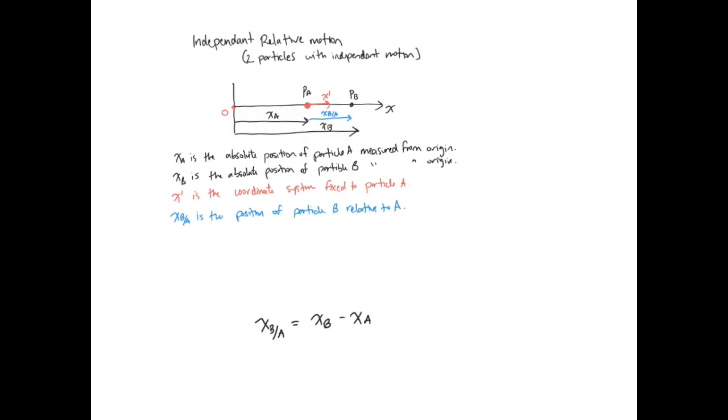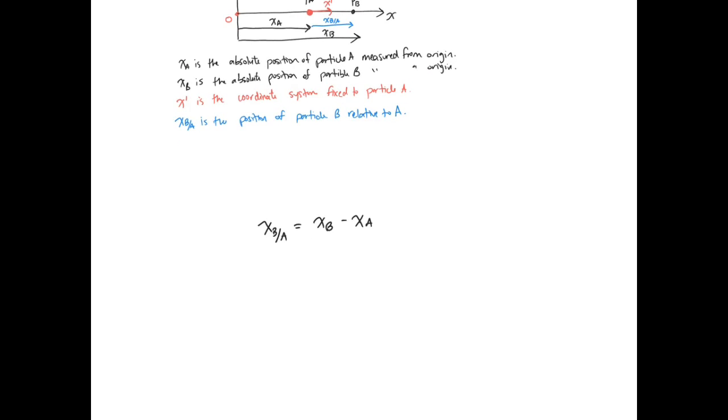You'll never really see it written this way, but you could rewrite this equation as xb over a is equal to xb relative to o minus xa relative to o. This is the position of b relative to the origin, and the position of a relative to the origin. We almost always drop this o because it's redundant, but that's what it's saying.